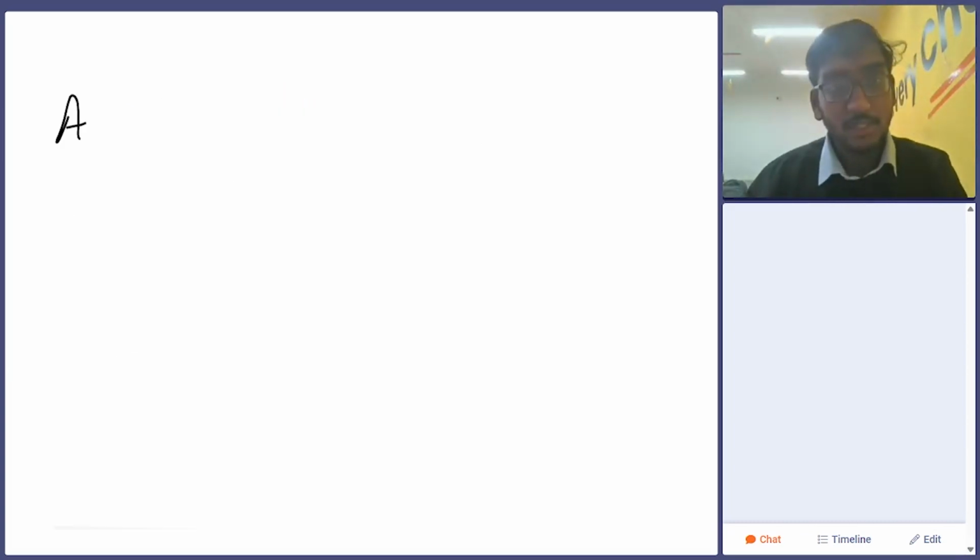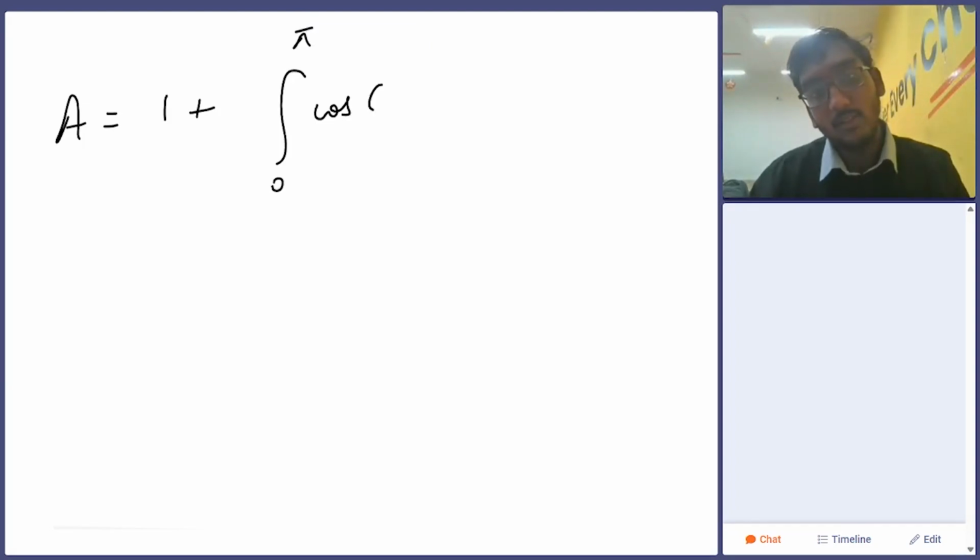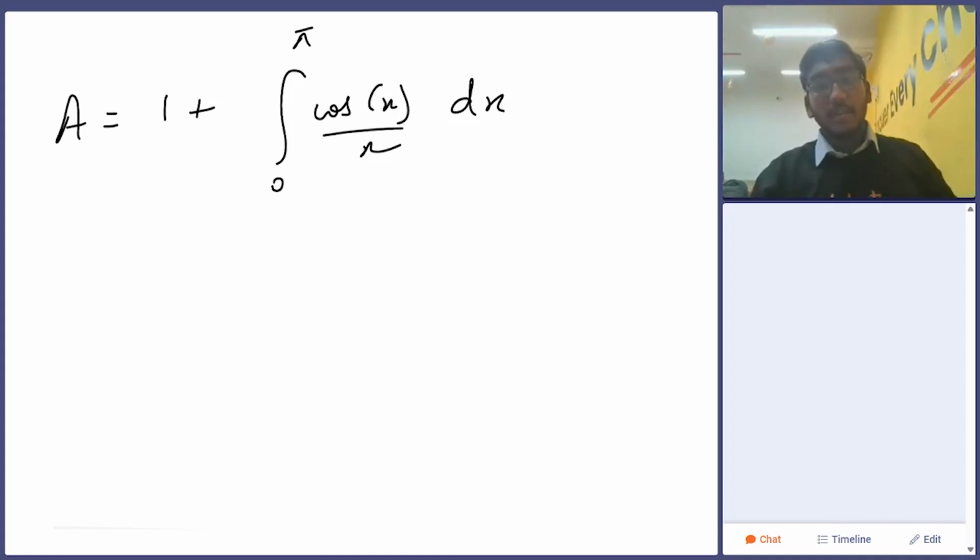So what we have now is A equal to 1 plus integral 0 to pi cos x divided by x dx. Here you can multiply and divide by 2, so I'll write 2x by 2, and here also. And now I will put x by 2 as t.